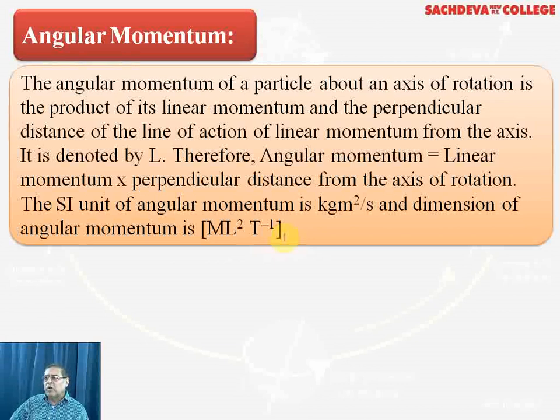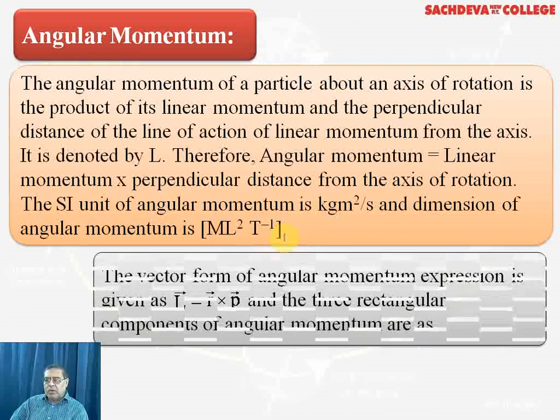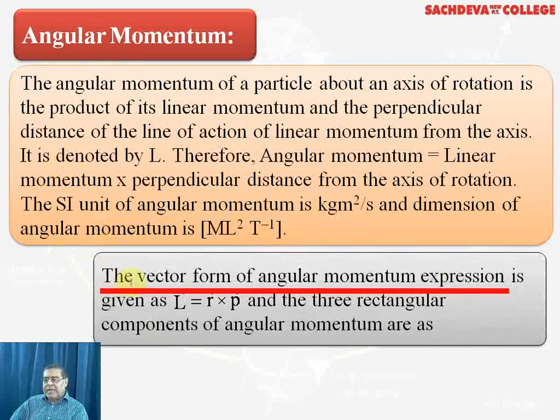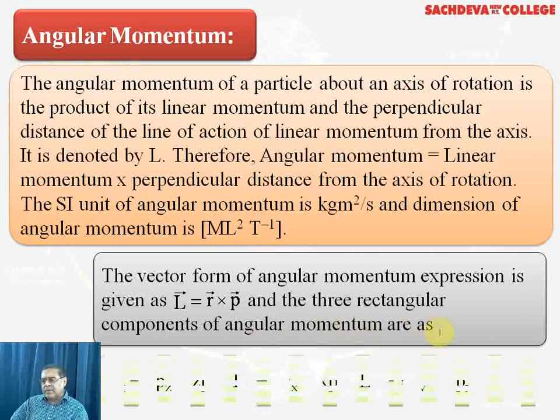Planck's constant we normally use in quantum mechanics, where the energy of a photon is taken as h nu or hc over lambda. Next, the vector form of angular momentum is the cross product of r and p, and the three rectangular components are as given.